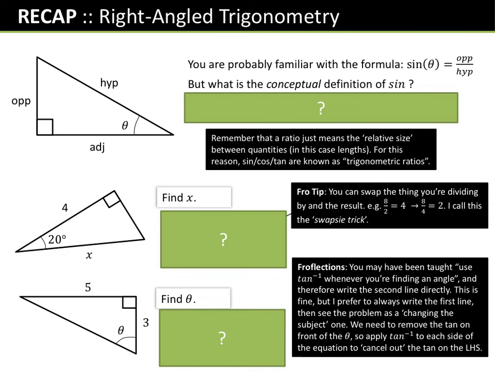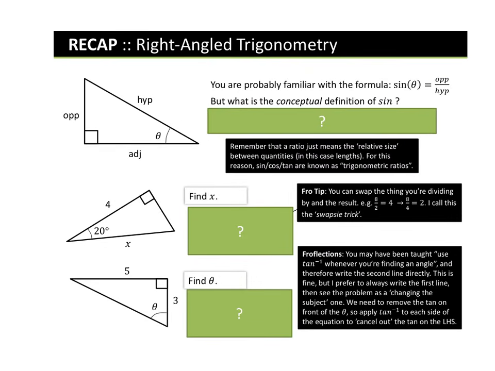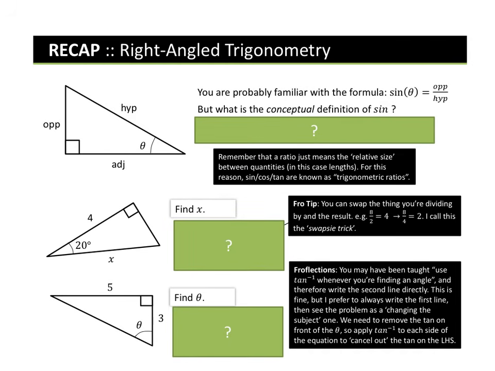So then, very quick recap. If I see a right angle triangle and I'm looking for an angle, the first thing that should come into our heads is SOHCAHTOA. So we should all be happy with SOHCAHTOA. And if we're going to find x here, we know we have the hypotenuse, opposite, adjacent.